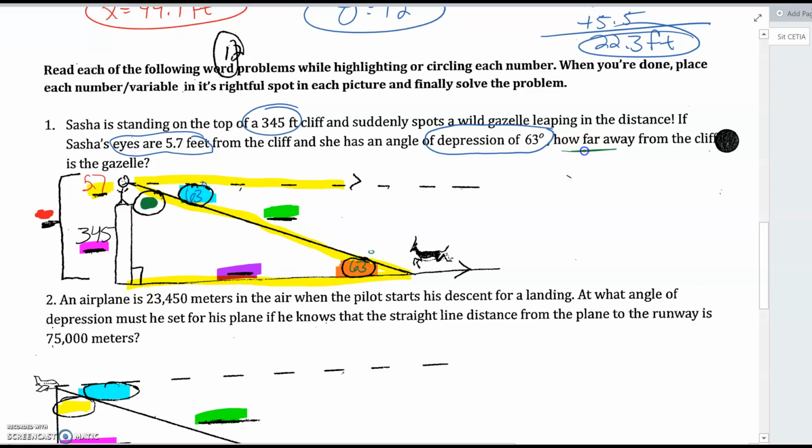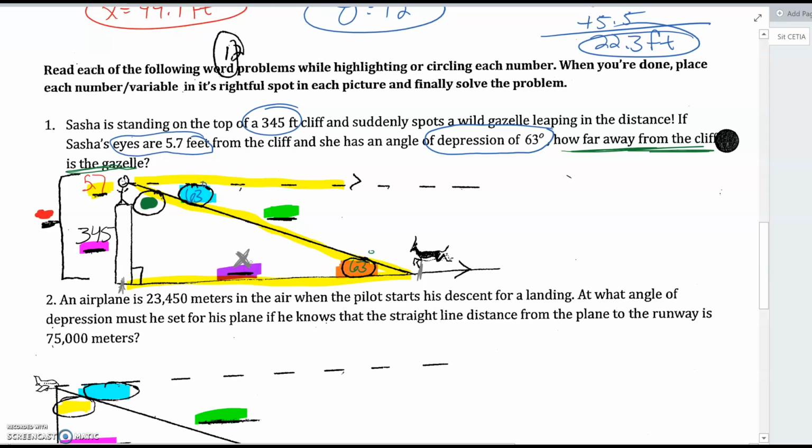Okay, now it's asking how far away from the cliff is the gazelle. So I need to figure out what color represents how far away from the cliff the gazelle is. So here I've got cliff, I've got gazelle. To represent that would be here, the purple.